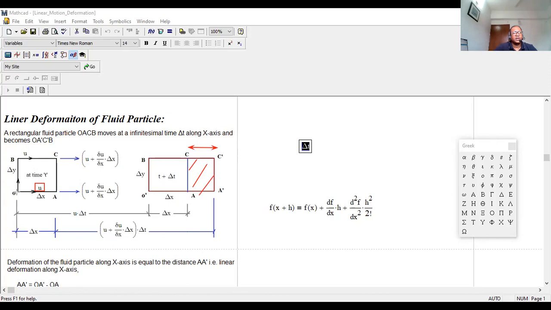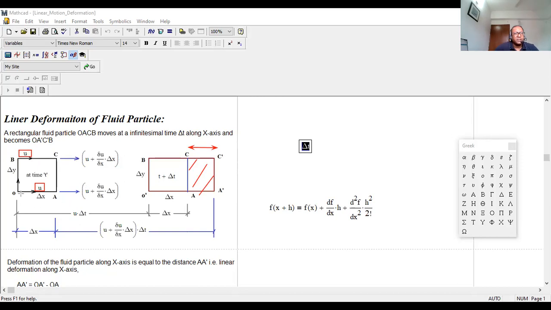That means line O and point A are traveling with the same speed along the y-axis. Then points B and C are traveling along the y-axis, in the vertical direction, with the same velocity. But in the x-axis, B and point O have velocity u. But C and A have a different velocity, higher than points O and B.